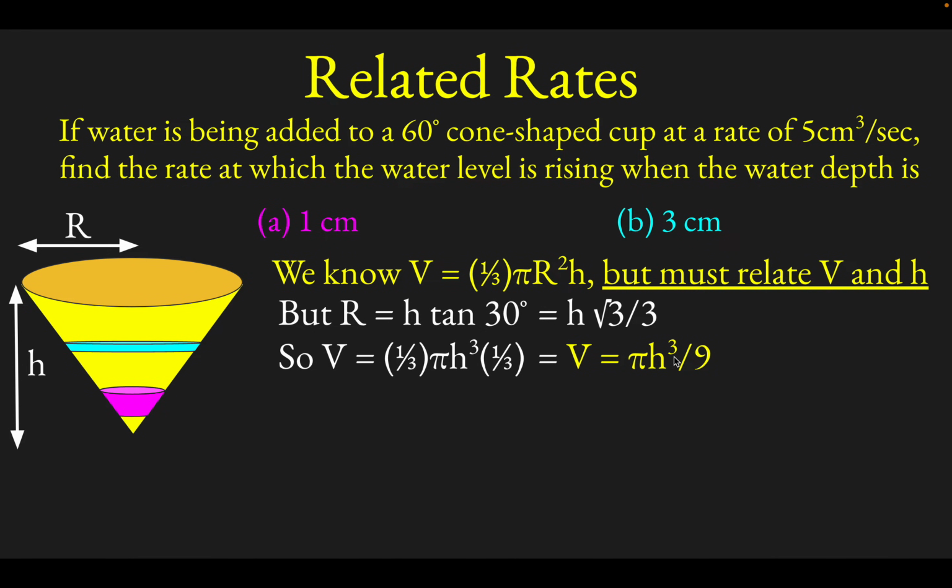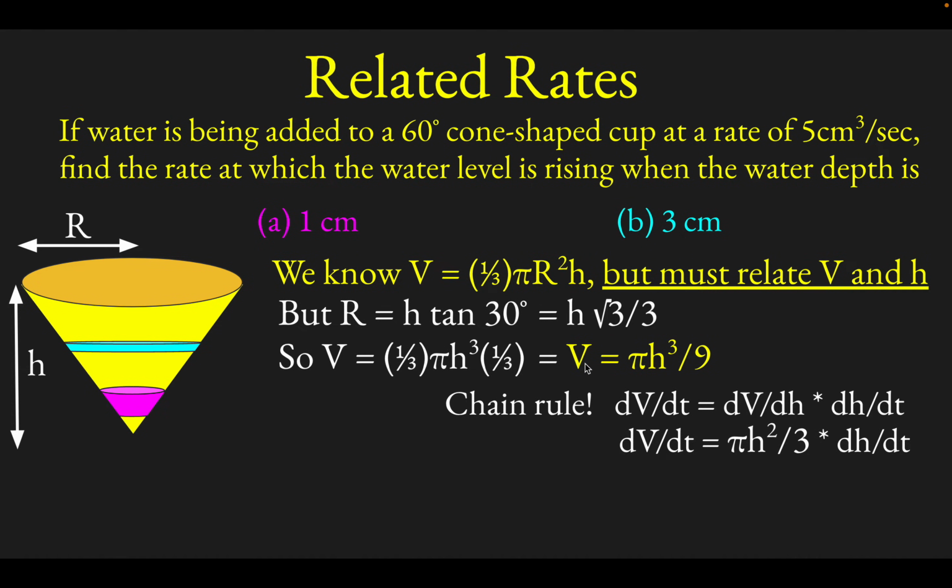Well, we're supposed to relate the rate of change of volume to the rate of change of height. So we can go for it. And again, it's going to be chain rule. We want the rate of change of volume. By chain rule, that is going to be dV/dH times dH/dt. So together, that product will give you dV/dt. Let's apply that to this expression.